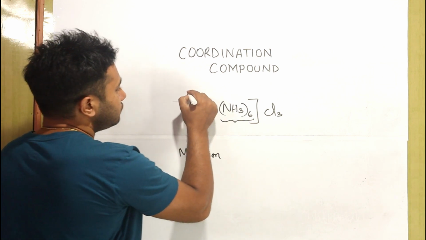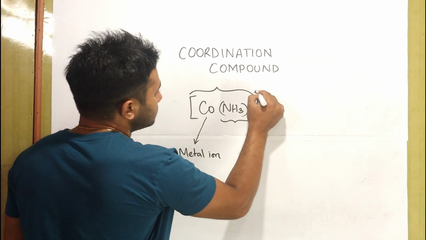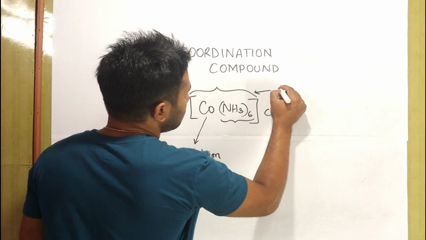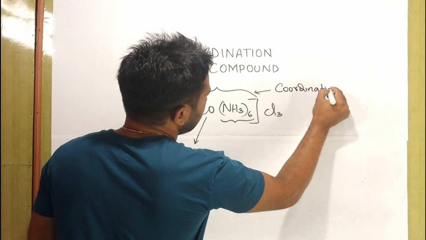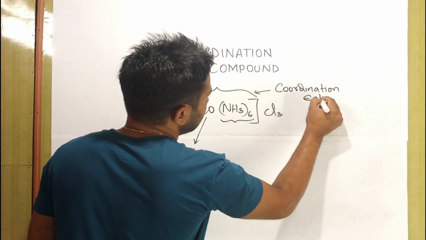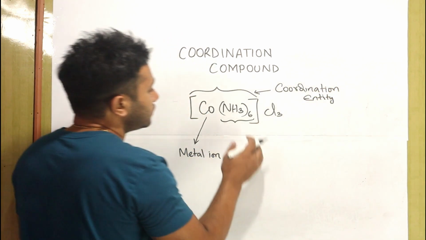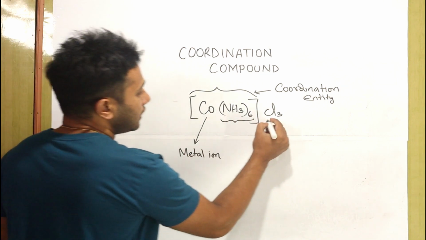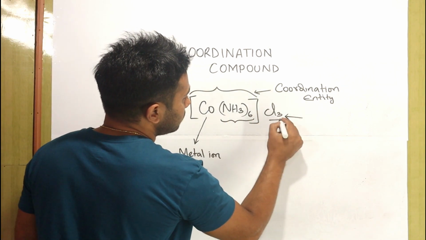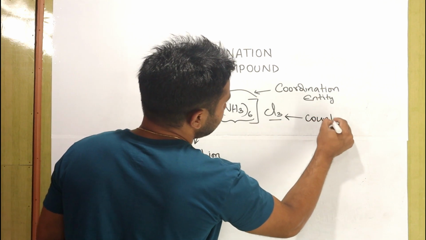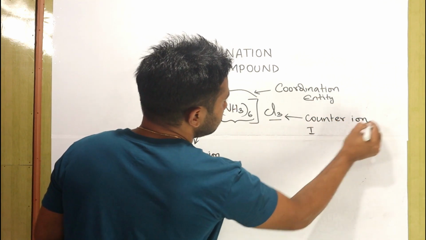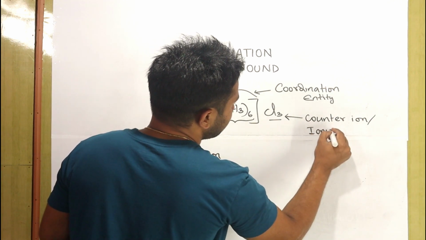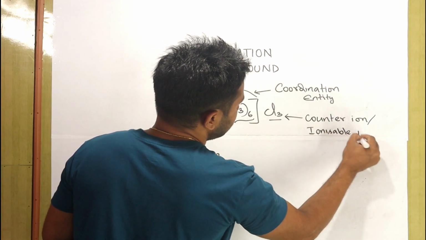Let me just explain all of them. This part is known as the coordination entity, coordination sphere, or the complex part, and this part is known as the counter ion or ionizable part.